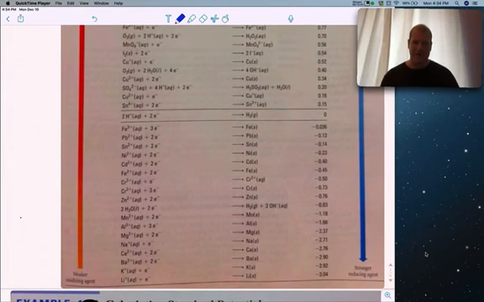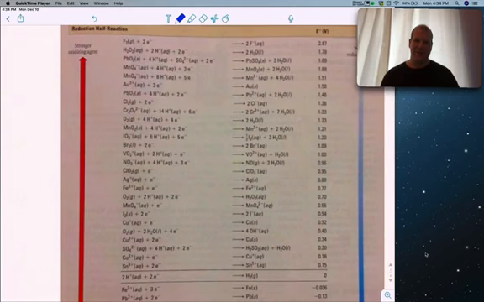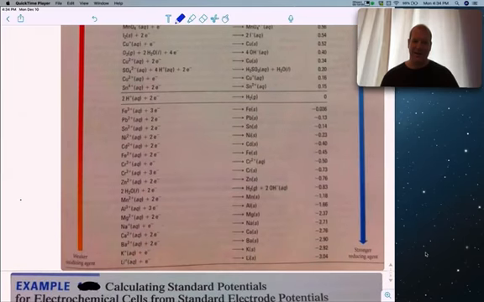What we did is we picked a 0, and the 0 we picked was hydrogen. So we said that hydrogen plus 2 electrons to form hydrogen gas is our 0 potential, and we make this relative to the rest of them. So that means that fluorine is 2.87 volts higher in reduction potential than hydrogen, and at the bottom lithium has the lowest reduction potential. But that also means that lithium has the highest oxidation potential, which we'll show you next.